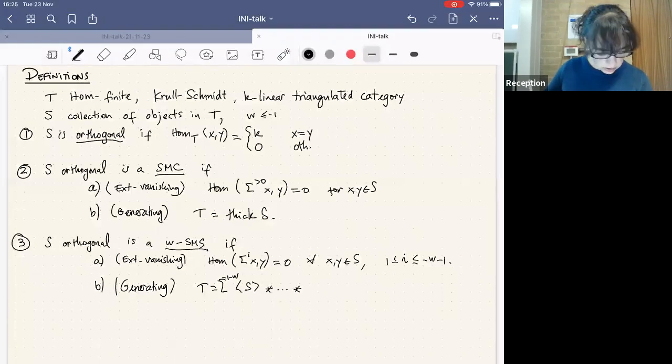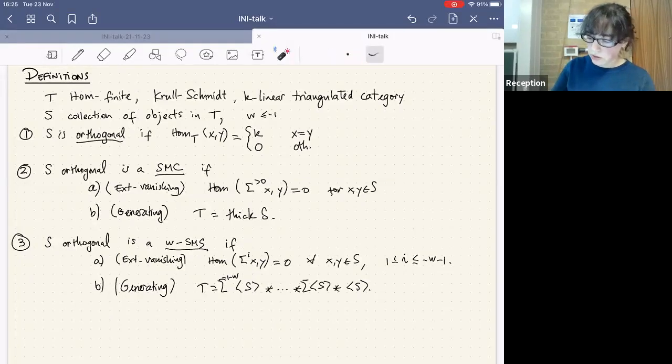So there's some filtration. So for W equals -1, it just means that the category is the extension closure of the simple-minded system. For smaller W, then you have to consider more shifts.